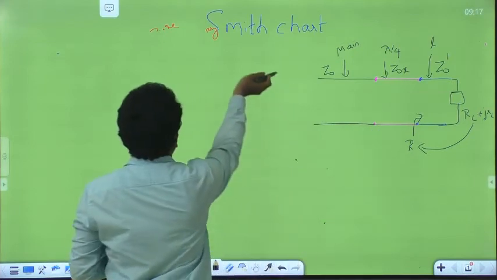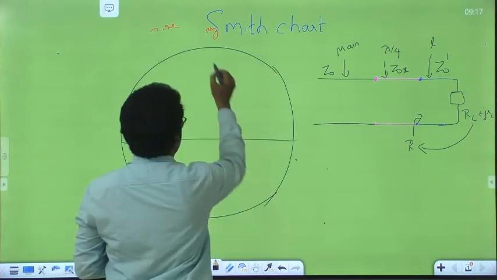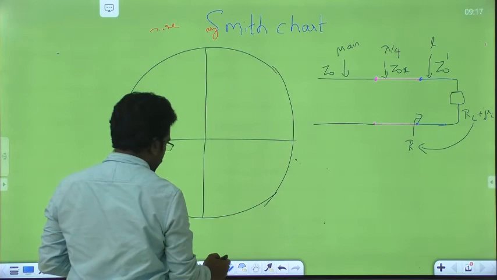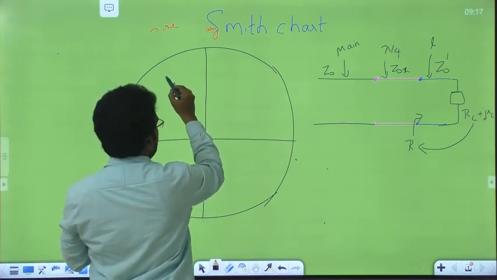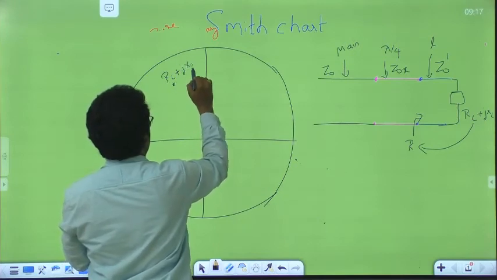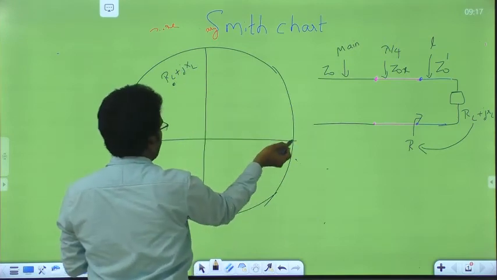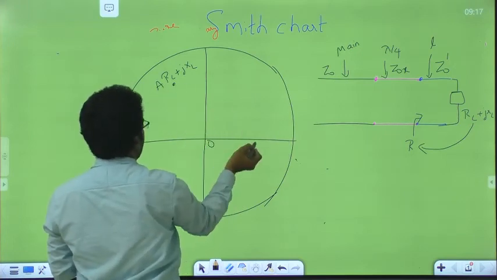If you come and put this on the Smith chart, let us assume this is the complex load, R plus jXL. What is the next step? With OA as radius, we should draw a constant VSWR circle.